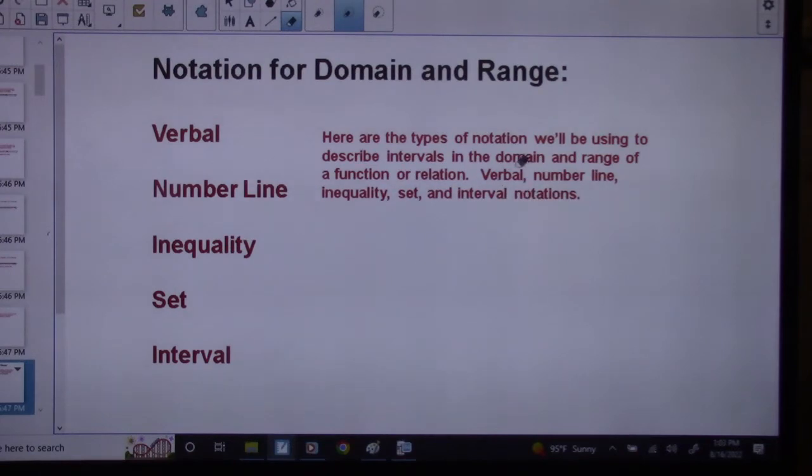Okay, and here are those types of notations: verbal, number line, inequality, set, and interval notations. We're going to use all of those. The ones you're most familiar with are the first three; set and interval notation, not so much.